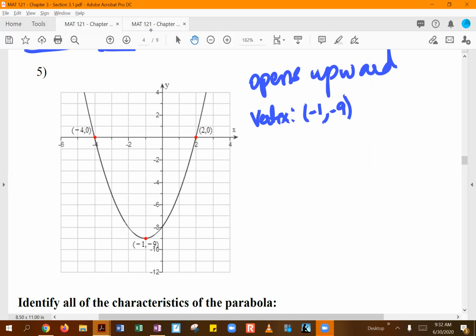Okay, let's see. They also asked us to find the axis of symmetry. So remember, your axis of symmetry always passes through the vertex, and it's definitely going to be a vertical line. Since this is a vertical line, remember vertical lines have equations of the form x equals a.